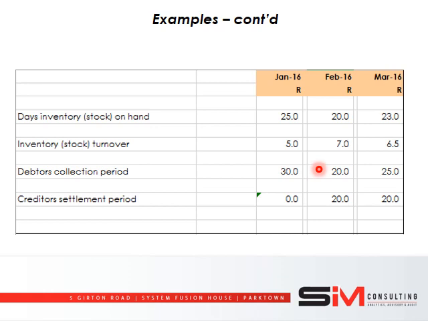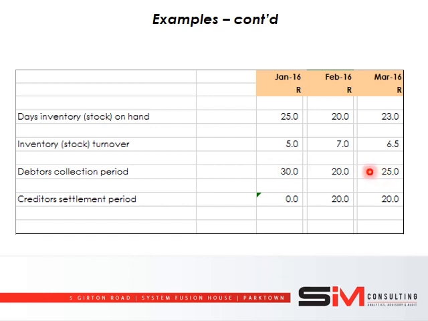The net effect of the two is a break-even performance. For January, let's see what it gives us. For January, we waited for 30 days for our money, but we paid our people immediately. That means it's not a good situation, because we are allowing money to leave the company quicker than we are allowing money to come back to the company.